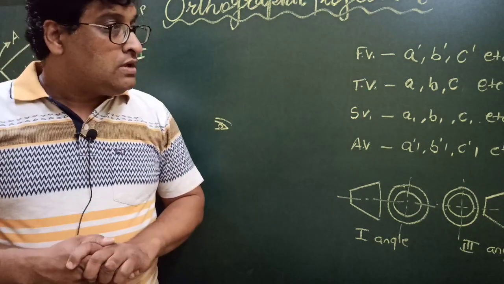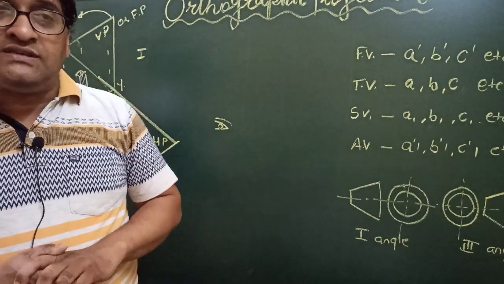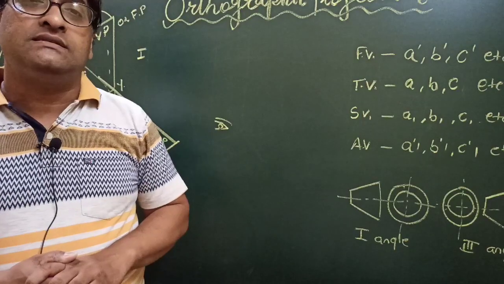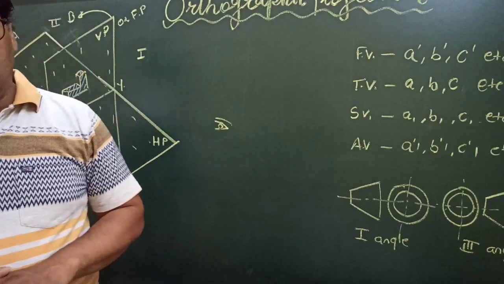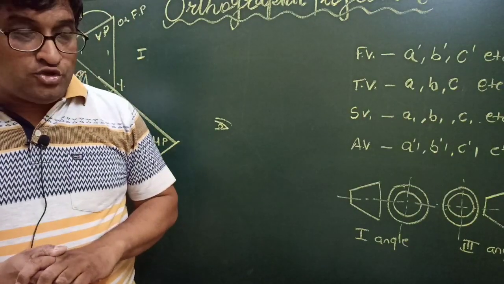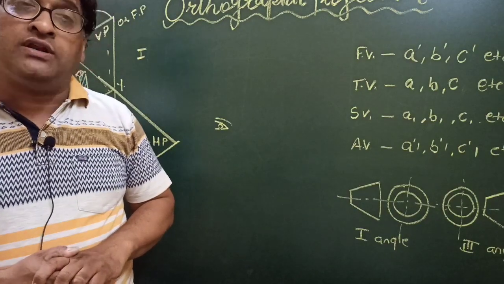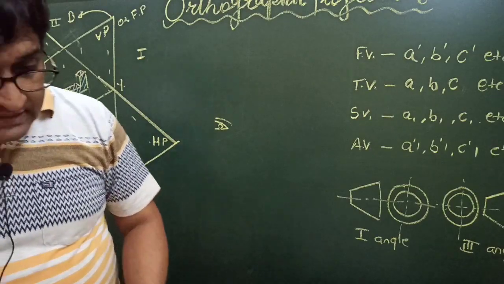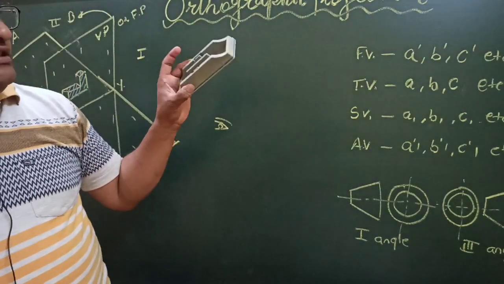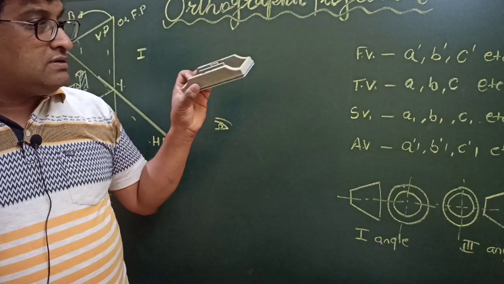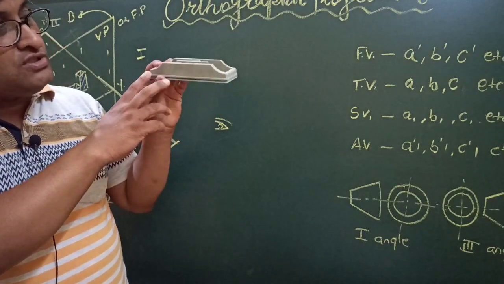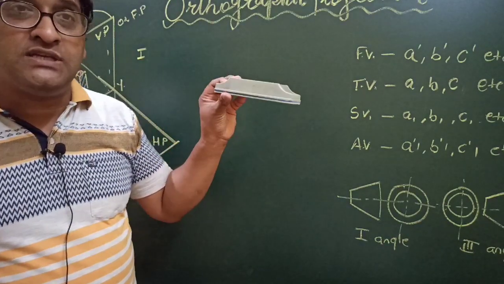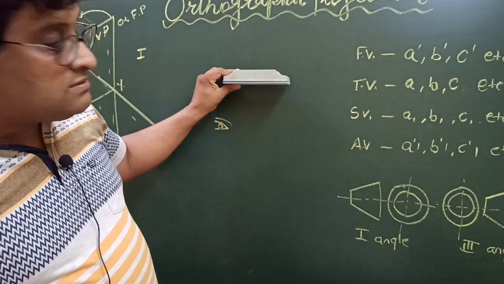So let us first consider what is projection. Projection is nothing but to represent any object on a sheet of paper or on a screen of projection. Say for example, I am having this duster. So this is an object and I am projecting or representing this object on the board.